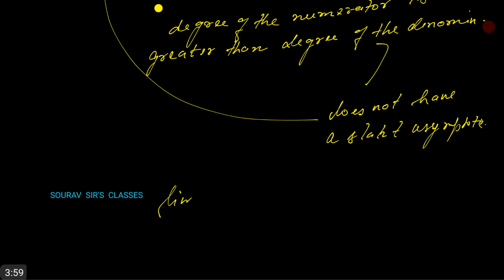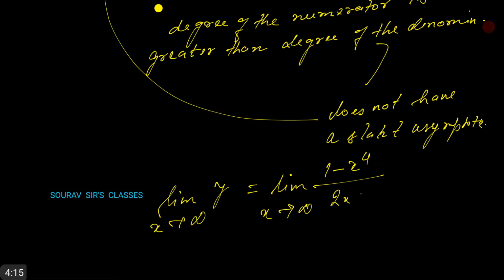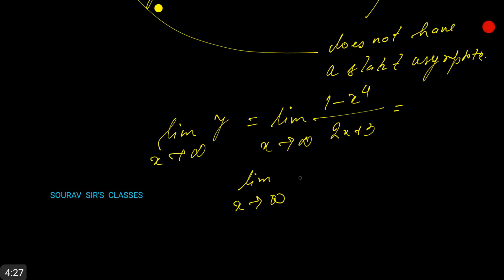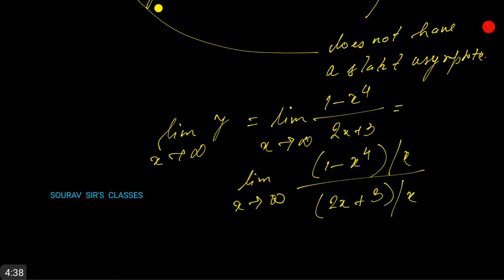As we have, limit x tends to infinity of y equals limit x tends to infinity of 1 minus x to the power 4 by 2x plus 3, which is equal to limit x tends to infinity of 1 by x minus x cubed by 2 plus 3 by x.